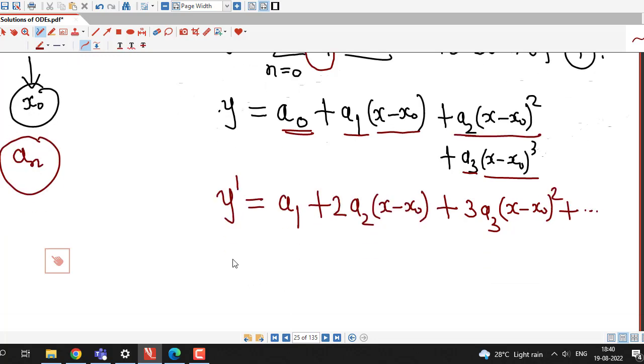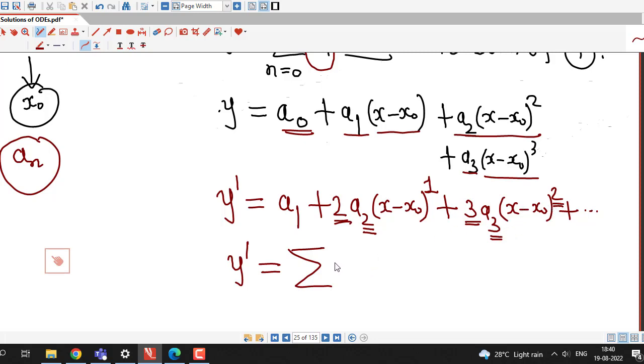And this we can write in sigma notation as y dash equal to, here we can see if I have 2 here, the suffix of a is 2 and the power of (x minus x0) is 1. Similarly, if I have 3 here, in the suffix I have 3, and here the power is less by 1 than 3.